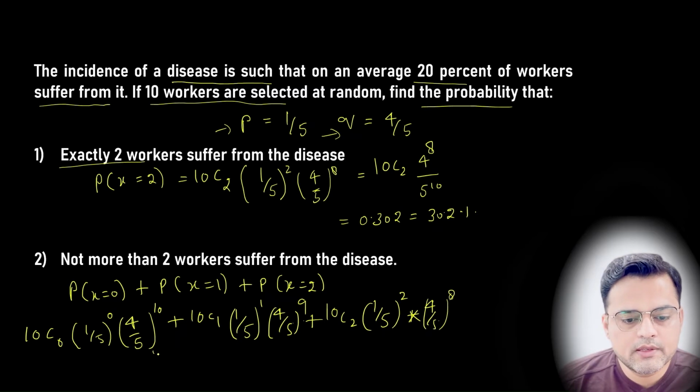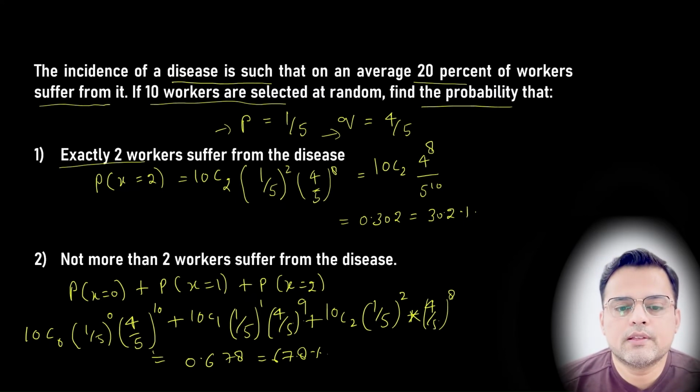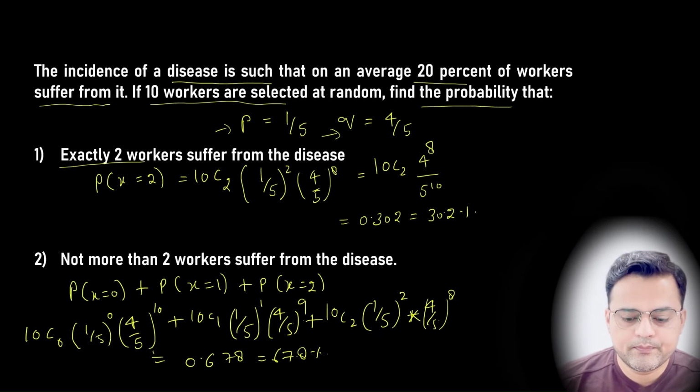If you solve all this, you will get 0.678. So there is a 67.8% probability that not more than 2 workers suffer from the disease if 10 workers are selected at random.